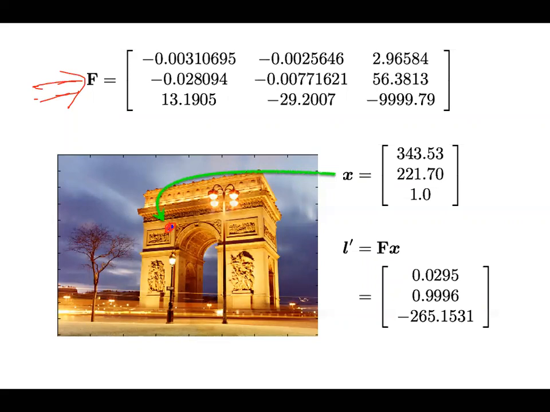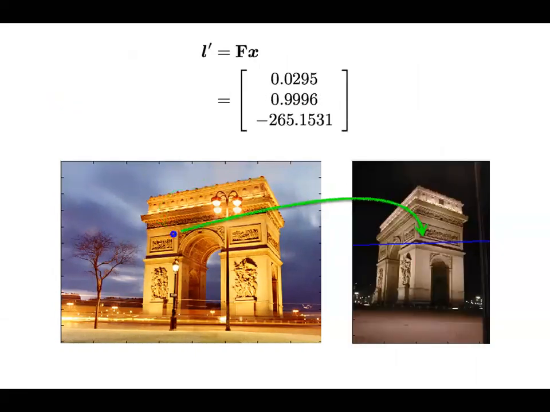You multiply this point by F, and it will give you the epipolar line in the other image, given that you know F. So multiply this x by this F in MATLAB, and you will get this vector. This vector is nothing but l dash, the epipolar line in the right camera, or the right image. So this point is mapping to that particular epipolar line from the other side.